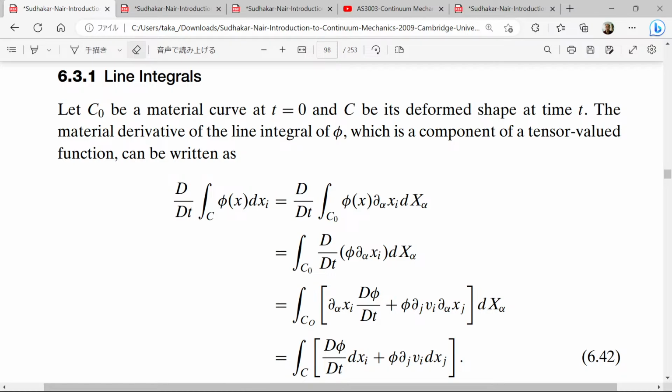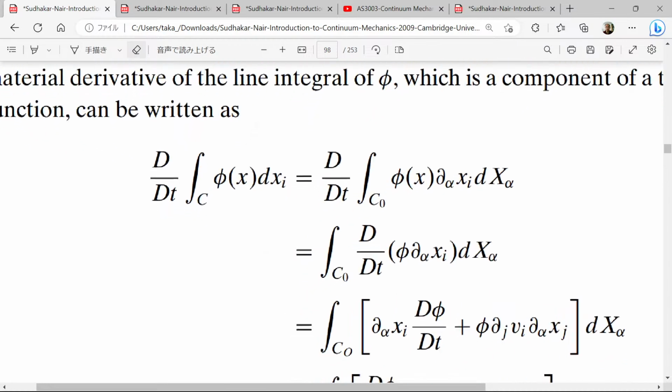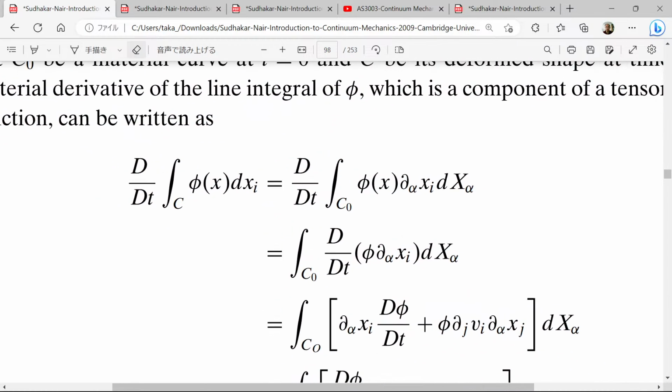Anyway, so we have some line integral, then we take time derivative of this line integral.